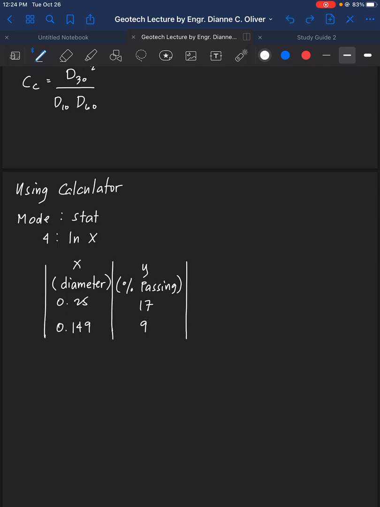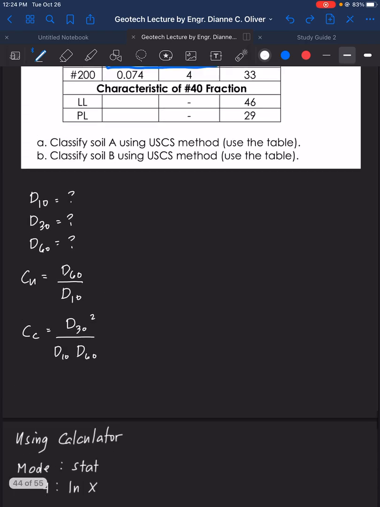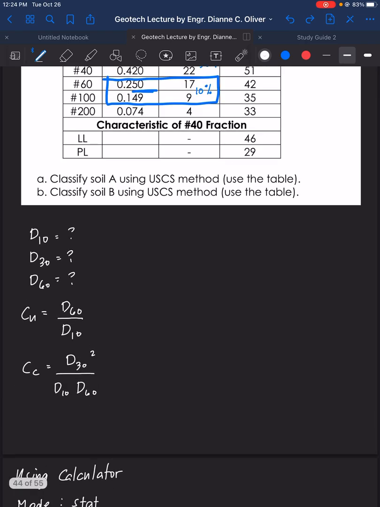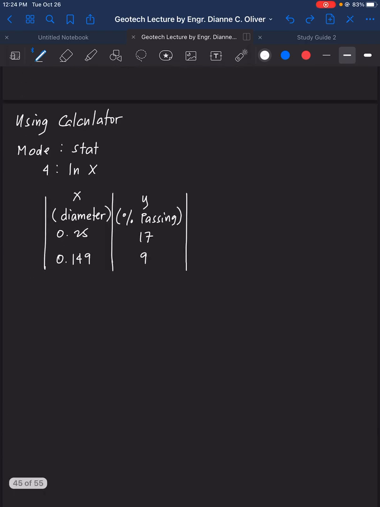So what happens here is, how can I explain this part here? We have here the 10% passing, right? 10% passing. Then here is the unknown, so the unknown here is x. So let's put there x.